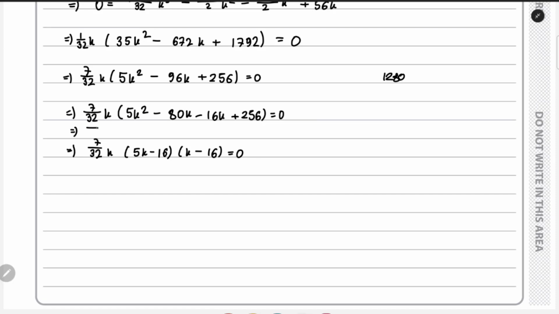We could show one more step in between, so we'll have 7 by 32k. We take 5k common, we get k minus 16. We take minus 16 common, we get k minus 16.